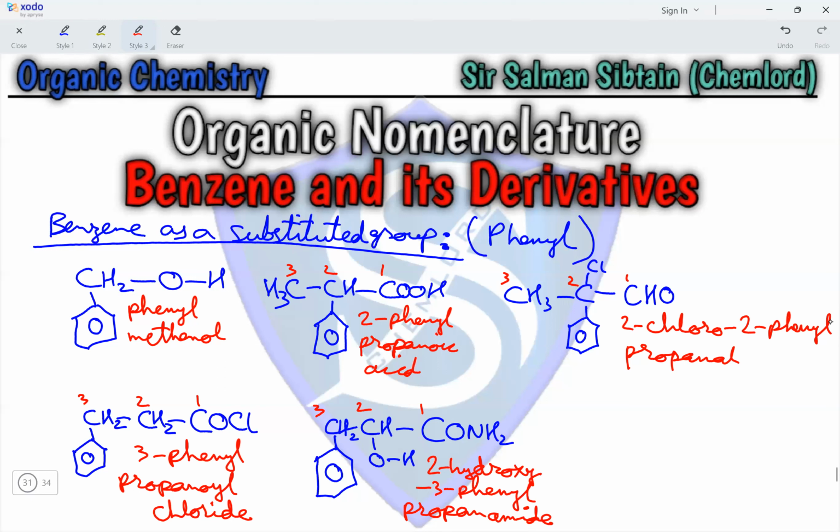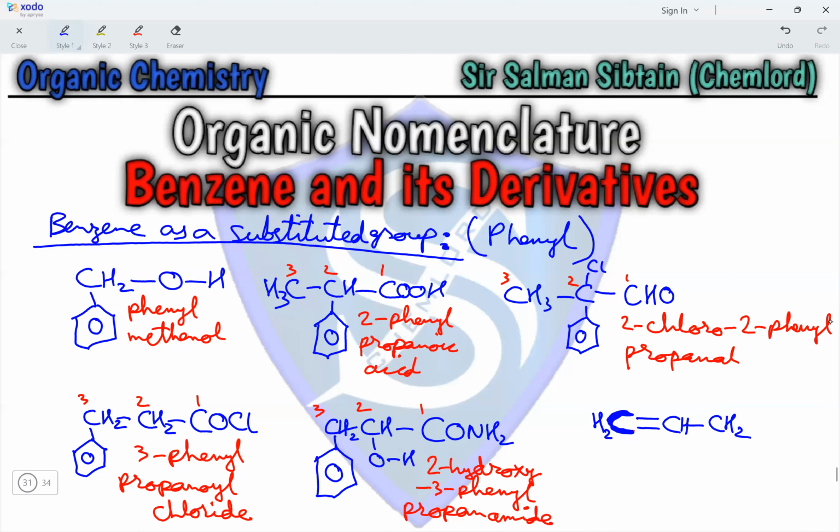Taking another substituted group on a different compound. So if we have a phenyl group present on an alkene molecule, so we have C double bonded C, then we've got a CH2 group. So this will become CH and this will become CH2.